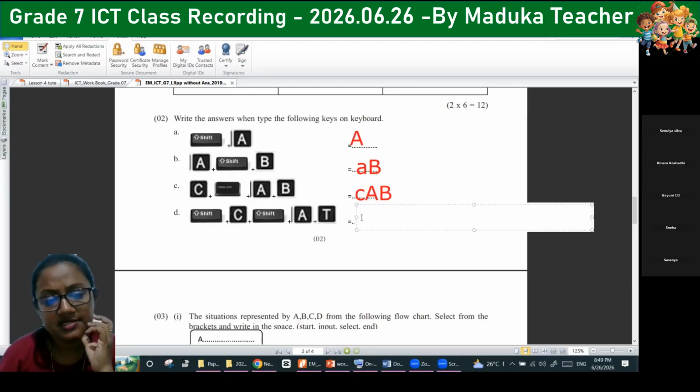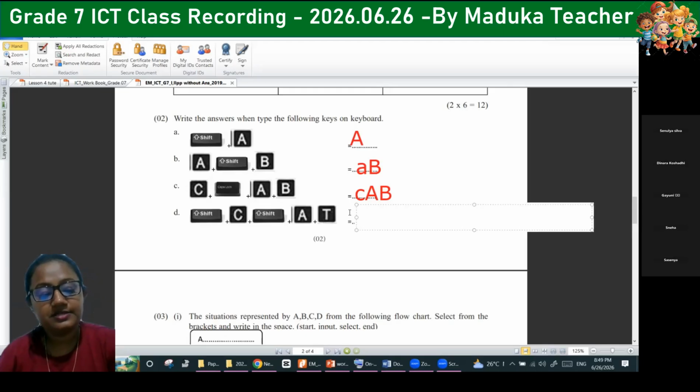What will be the answer for D? Capital C, capital A, capital T. Yeah, we can take it in this way also.